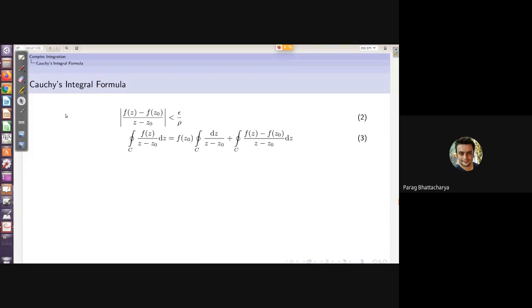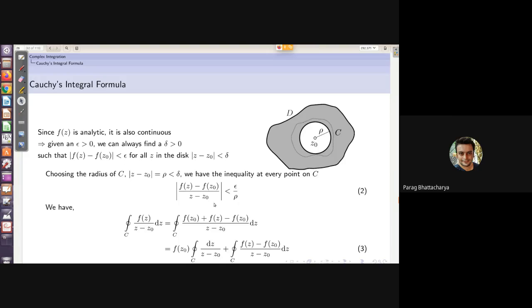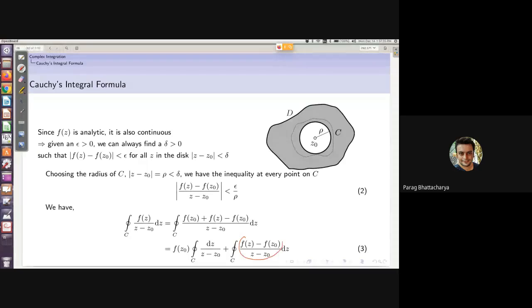Okay, so these are the two equations that we have using the ML inequality. We already saw that the modulus of this integrand is less than epsilon by rho, right? So remember the ML inequality. What does ML inequality say?